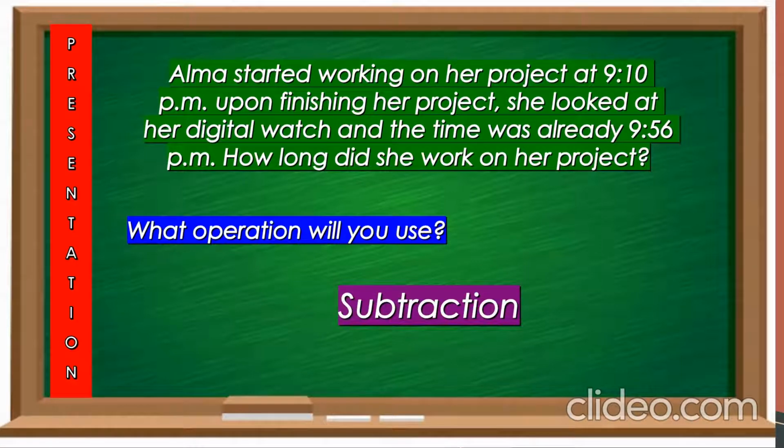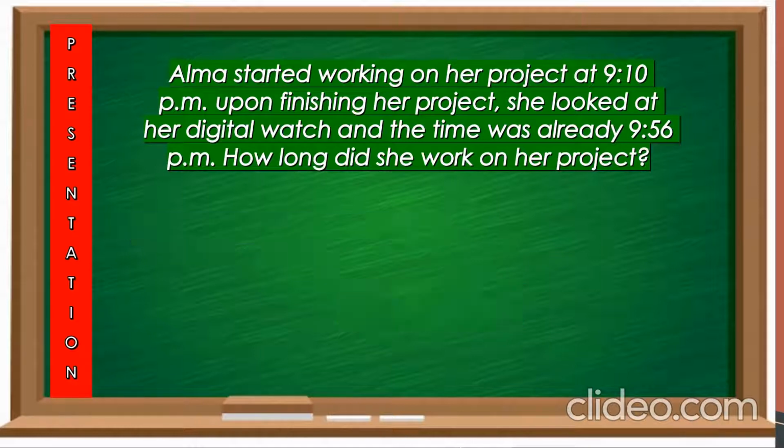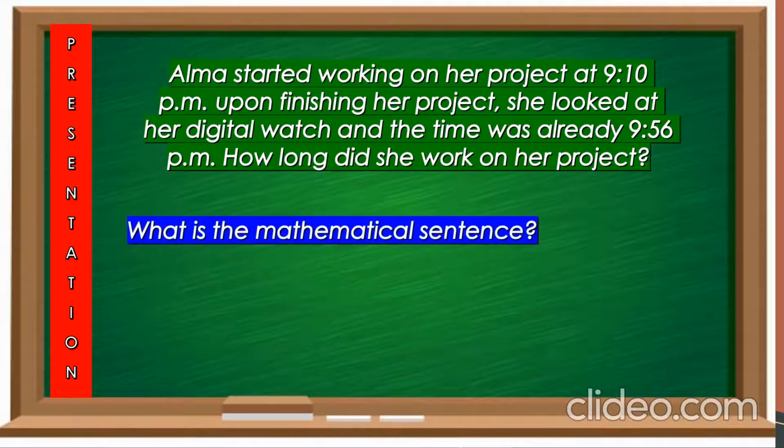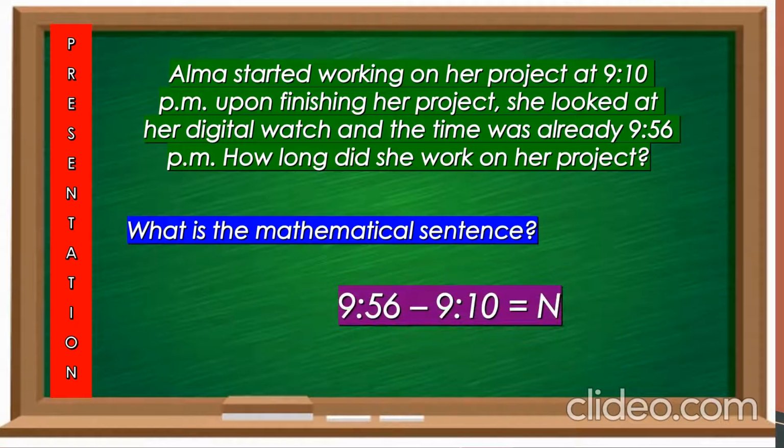Now that we have our operation, the next step, as part of our plan, is to know the mathematical sentence. In this case, what is our mathematical sentence? We have 956 minus 910 is equal to n.